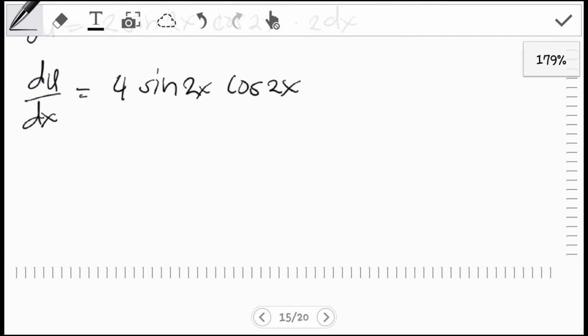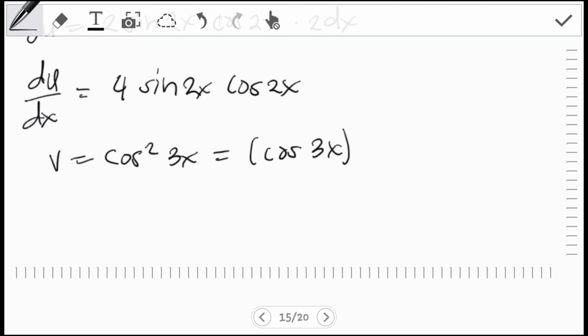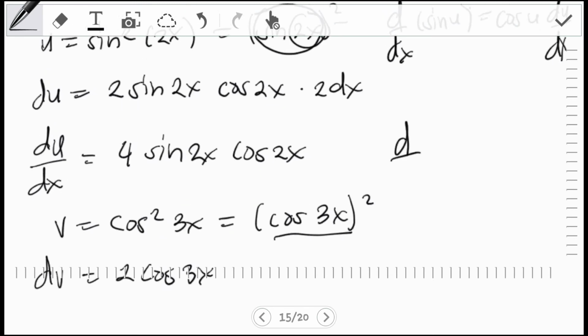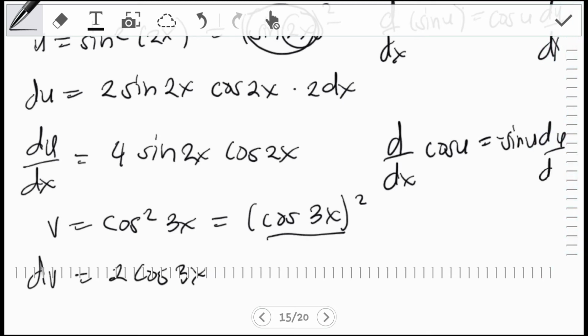Okay? So another is, let v equal cosine squared 3x, or the quantity of cosine 3x to the power 2. So where dv here is equal to 2 cosine 3x, okay? And then the derivative of cosine 3x, remember this formula, d over dx of cosine u is equivalent to negative sine u du over dx.